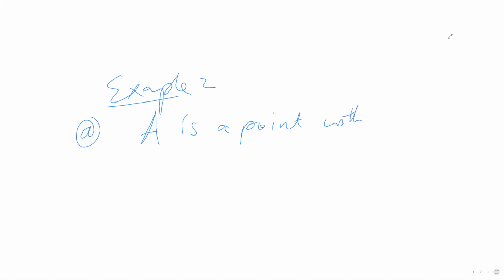Let's look at the second example. A is a point with coordinates 1, 0, 3.